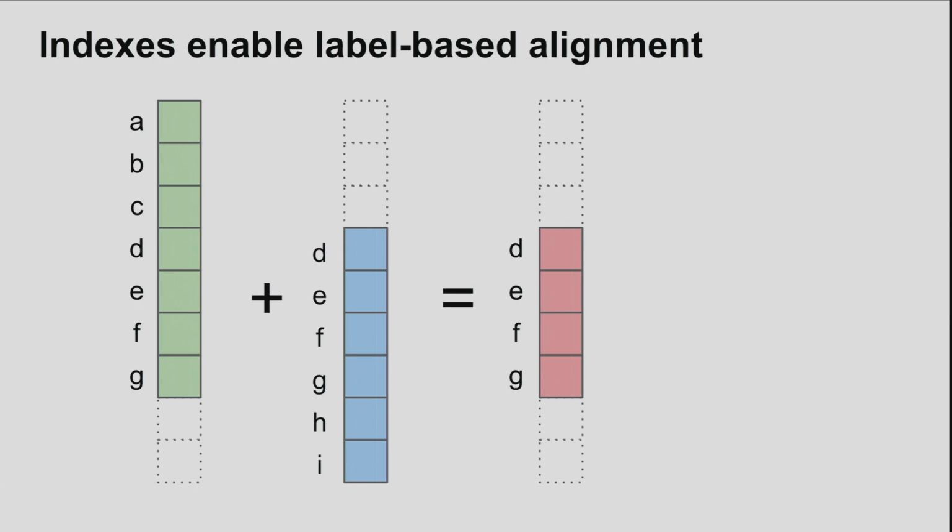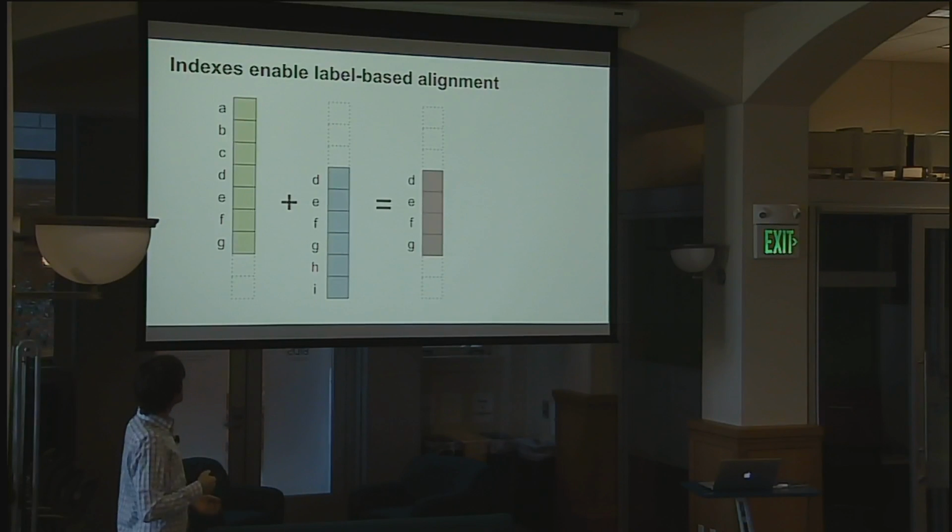You could have a case where one has the labels A through G, and another, of a different size, has labels D through I. When I get into a situation like this, there are a couple of things we can do. One thing we could do is say that if the labels don't exactly match up, then we'll just give an error and stop. That's a perfectly sensible thing to do.